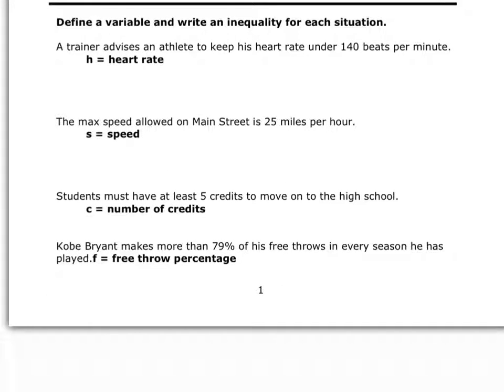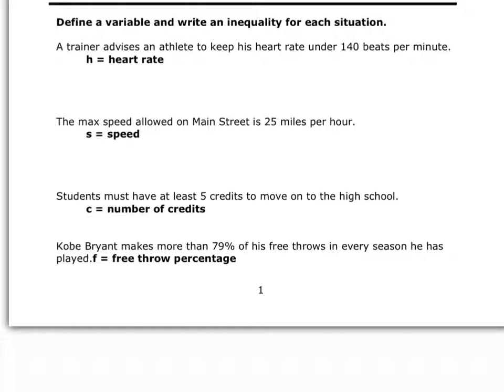We're going to do a couple of little word problems to help us learn to write inequalities to represent a situation. This one says, a trainer advises an athlete to keep his heart rate under 140 beats per minute. So it can't be 140, it can't be greater than 140, it has to be less than 140.